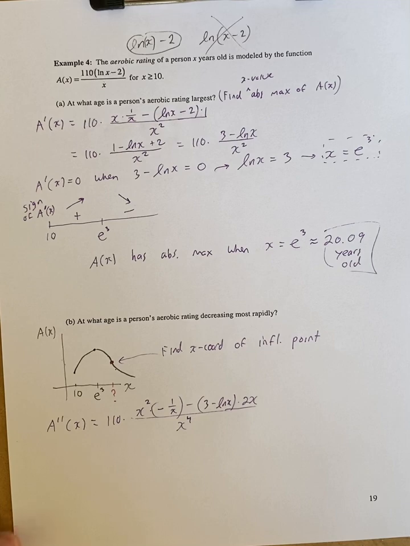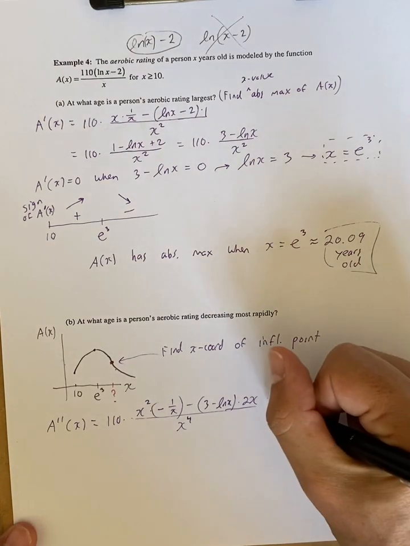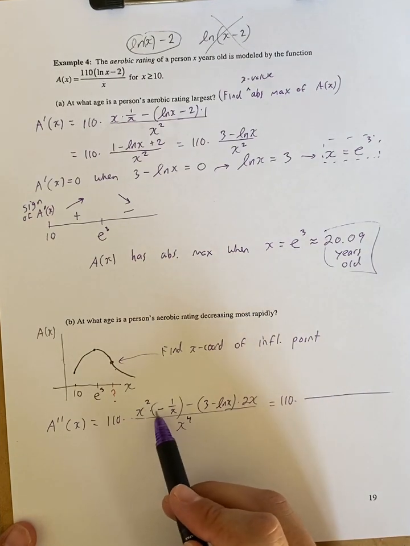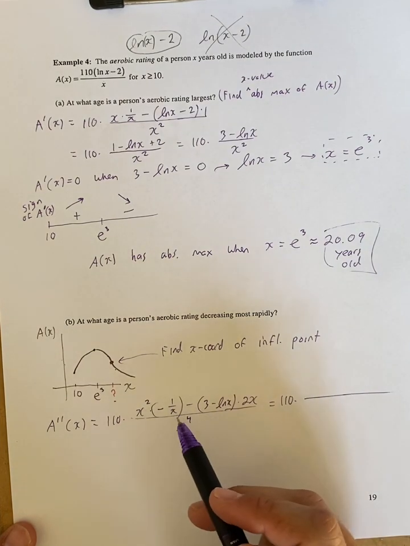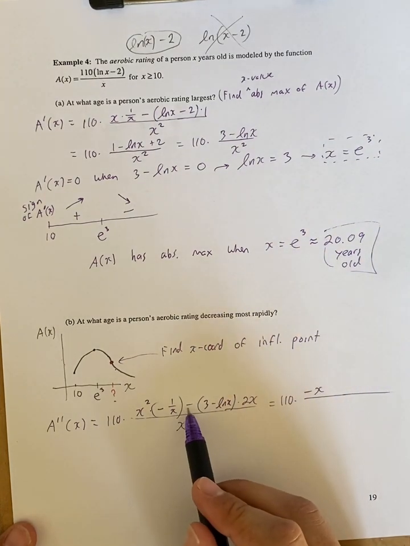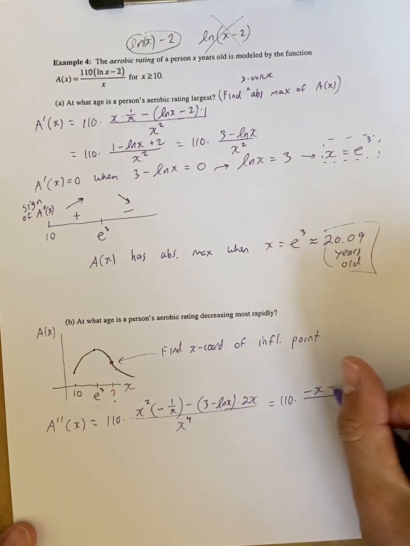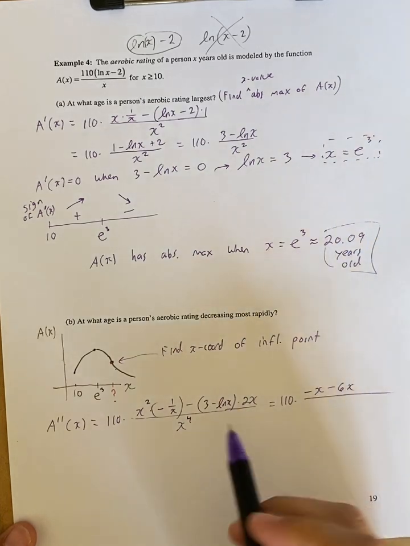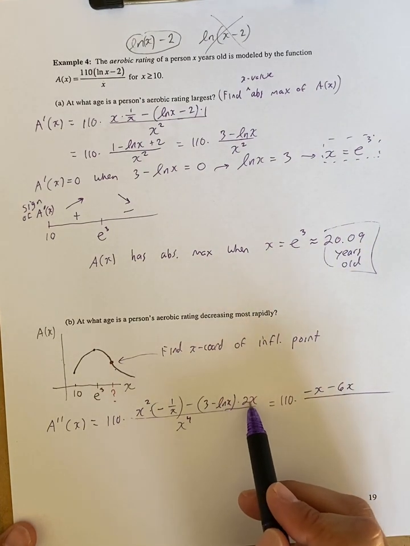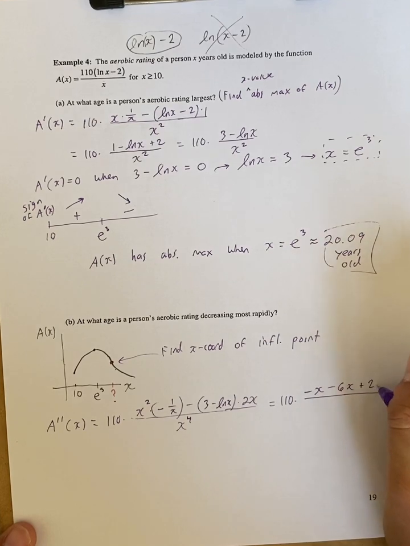All right, let's expand out on top. x squared times negative 1 over x is going to be negative x. And then minus 3 times 2x is minus 6x. And then negative times negative is positive ln x times 2x. I'm going to write the 2x in front.